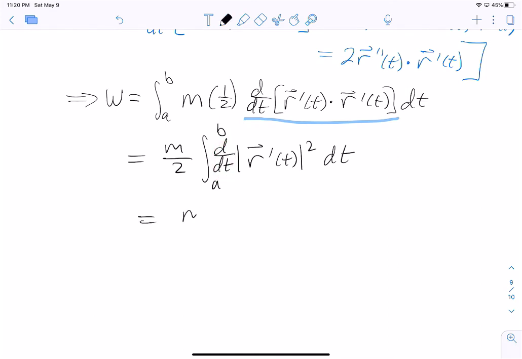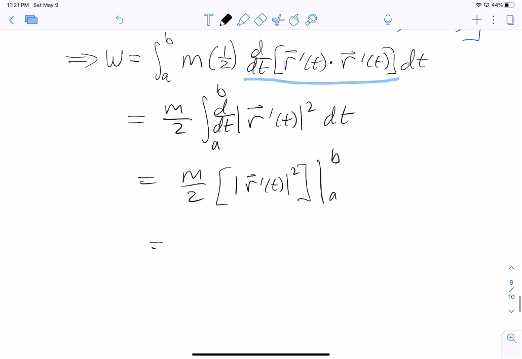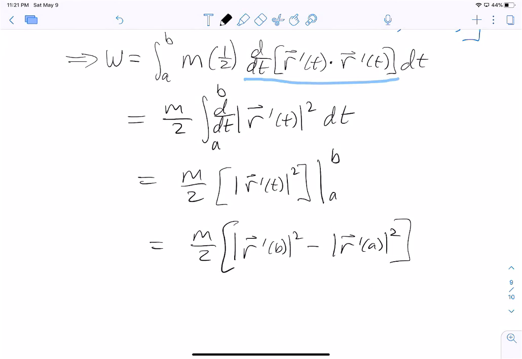Therefore, we can write this result as m over 2 times the magnitude of r prime of t squared evaluated from a to b. And then using the second fundamental theorem of calculus, we get m over 2 times the magnitude of r prime of b squared minus the magnitude of r prime of a squared, and that m over 2 was in front of the whole thing.